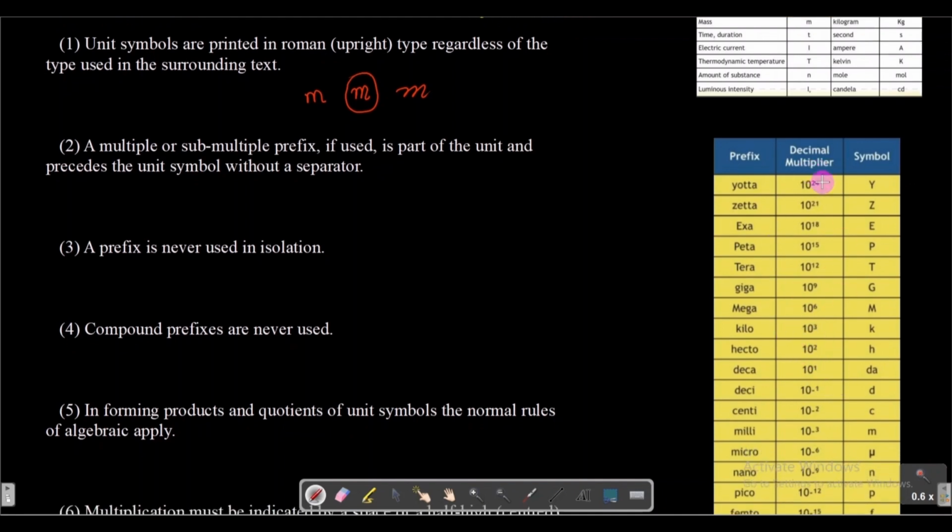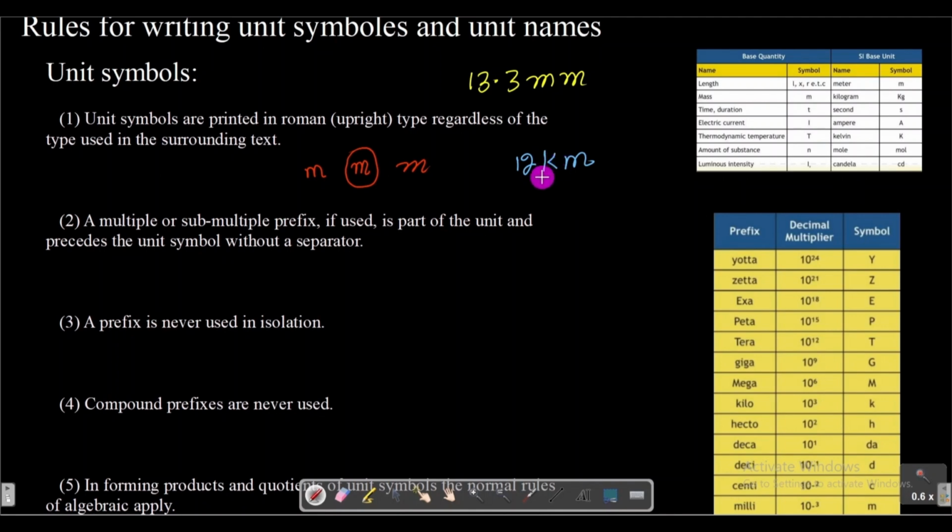These all are the positive prefixes. These are used as a multiplier for the units. Here this prefix is used as a multiplier for this meter, because 12 kilometer is equal to 12 with 3 zeros and meter. So it increased the magnitude of this unit. Therefore, we call them a multiplier.